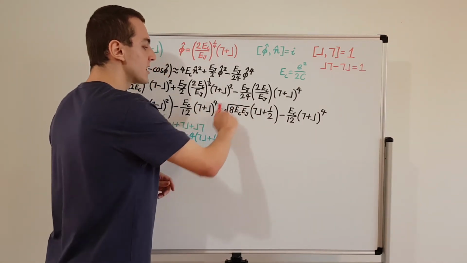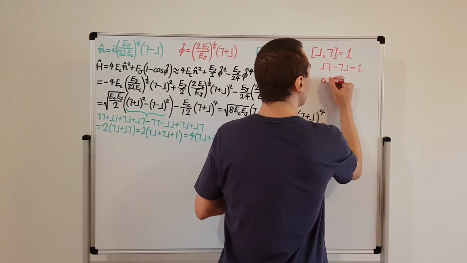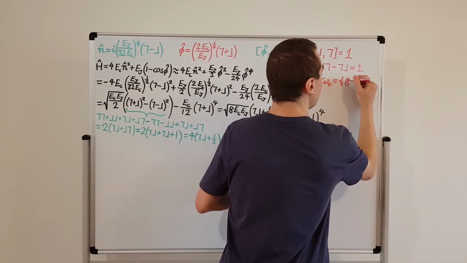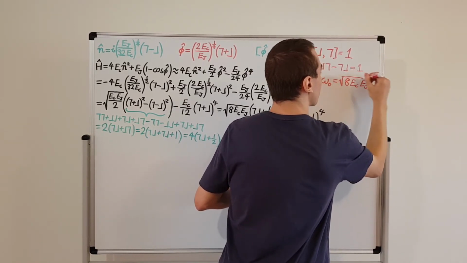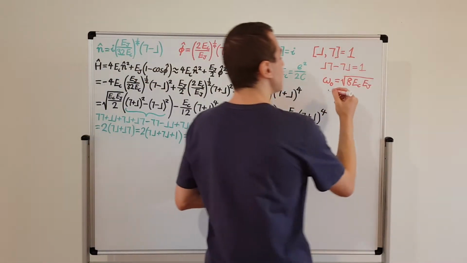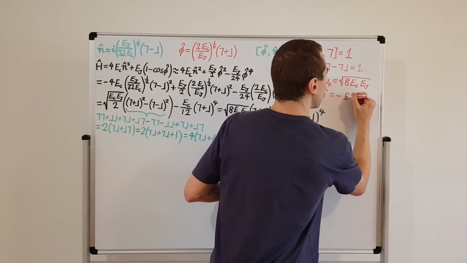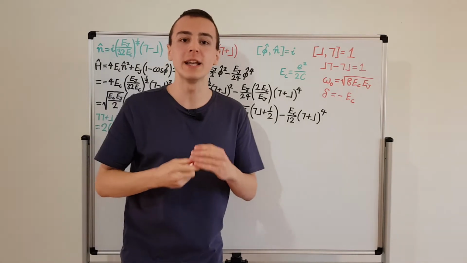This term that has a square root, I'm going to define that as omega naught. So omega naught is equal to the square root of 8 EC EJ. So that's a definition. Another definition I'm going to use is delta equals minus EC. And this delta you can interpret as the anharmonicity.